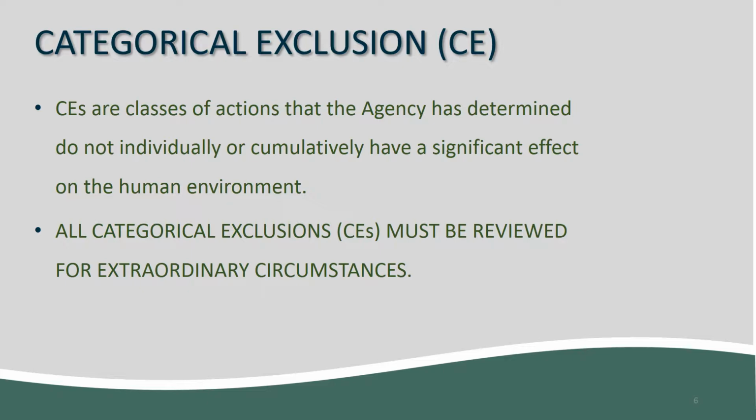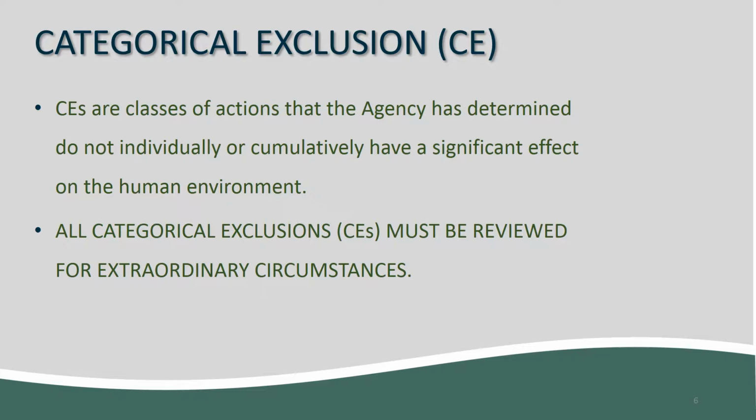Categorical exclusions also have to be reviewed for extraordinary circumstances. Examples of these are violations of federal or state regulation or statutes for the protection of the environment, safety, or health, or an adverse effect on historic property, a threatened or endangered species, wetlands, floodplains, sole source aquifers, or the existence of controversy based on the effect on the human environment because of the agency's actions.